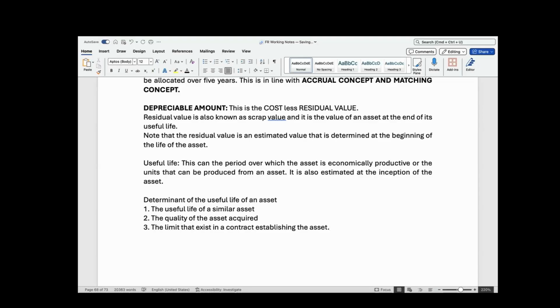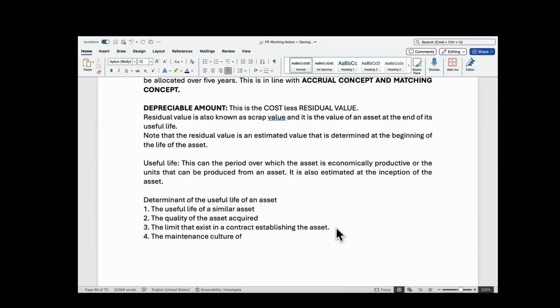So there are some assets that you have already agreed that you would use for 5 years, or 10 years, or whatever limits exist in a contract that establishes the asset. Then that limit is the useful life. Or it could be the maintenance culture of the user.